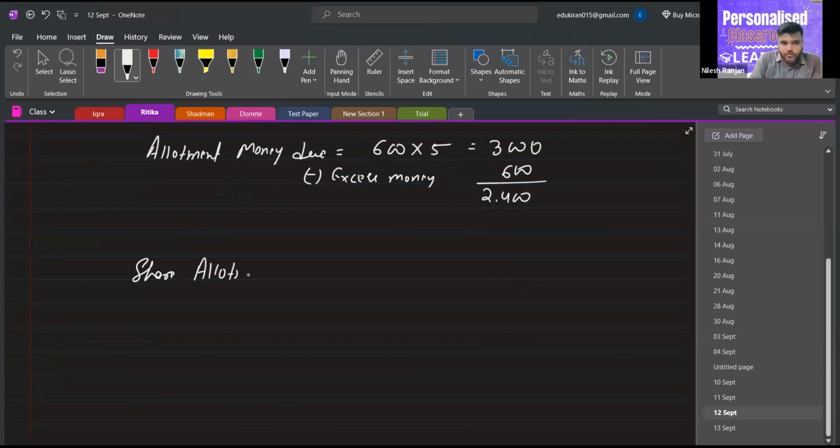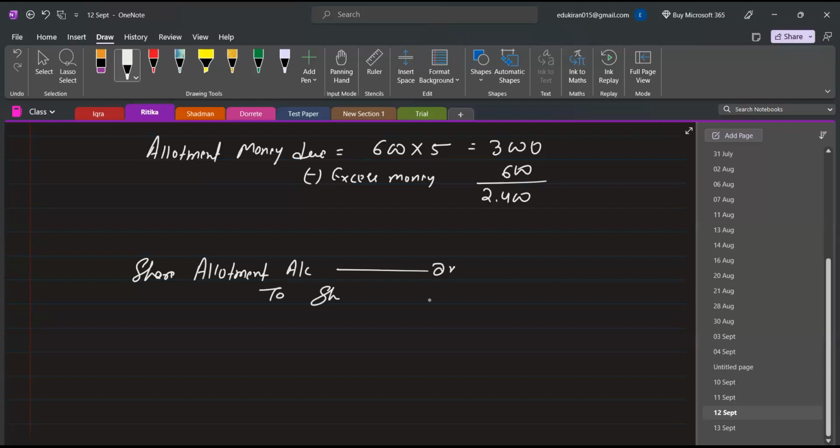So in due, we have to write premium also. Share allotment amount to share capital account and to security premium reserve.